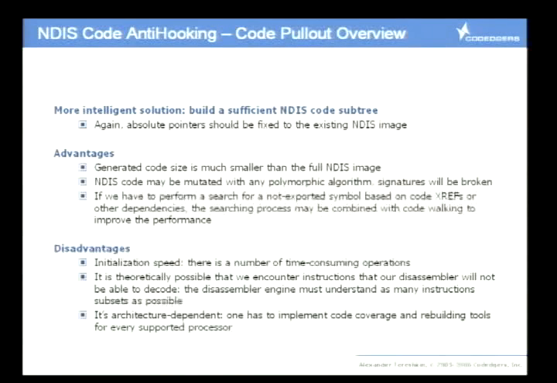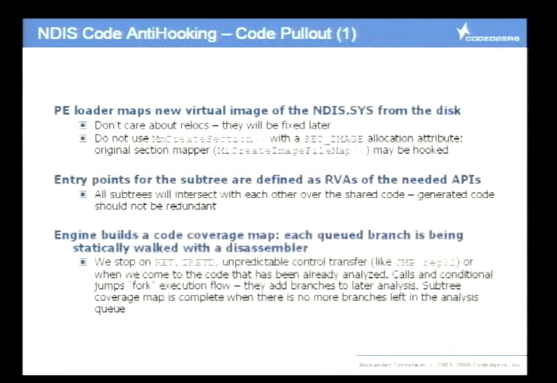For every supported architecture, it's needed to implement a code coverage and rebuilding tool. So I said about advantages and disadvantages, but actually I didn't say anything about the details of this solution. So the next two slides are about the details.